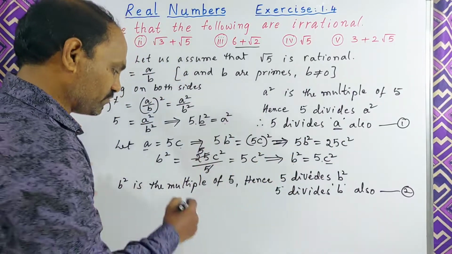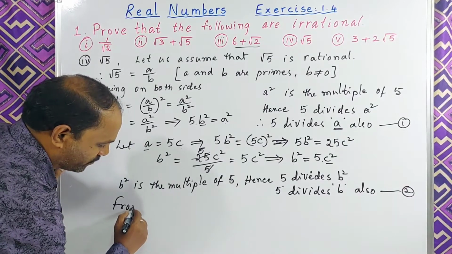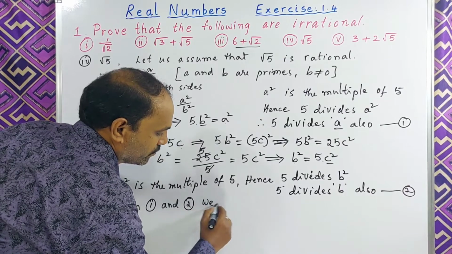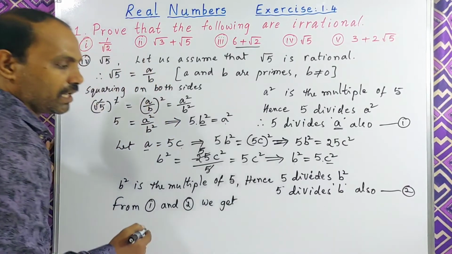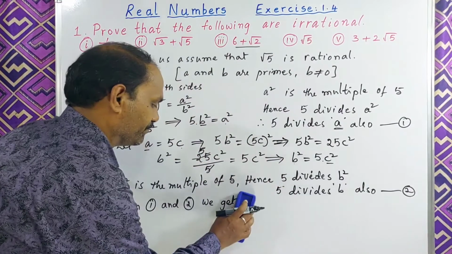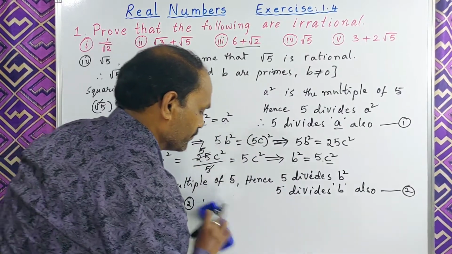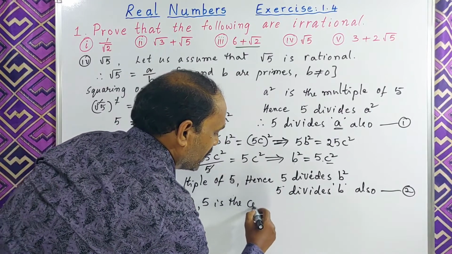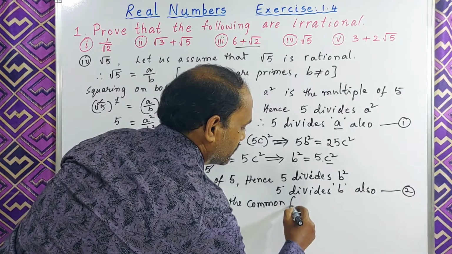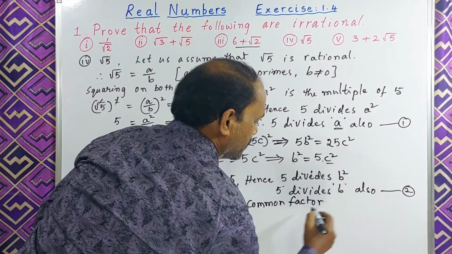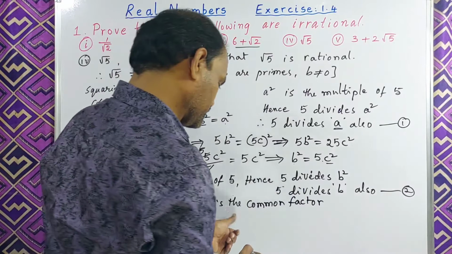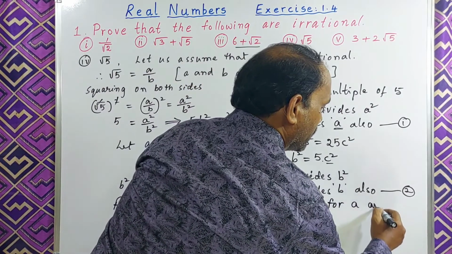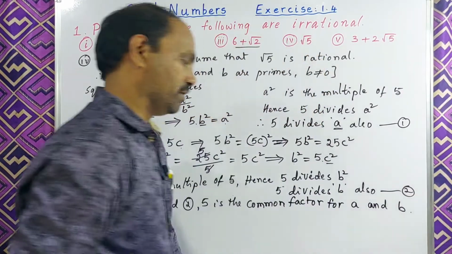Hence from 1 and 2, 5 is the common factor for a and b.